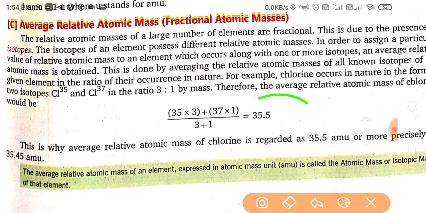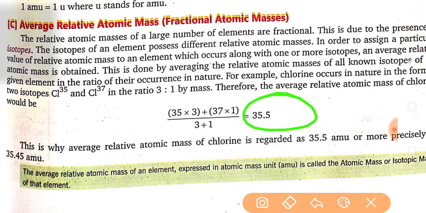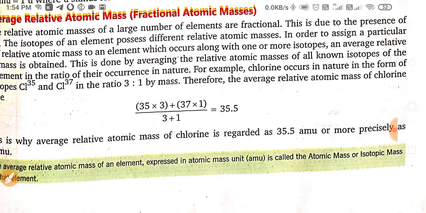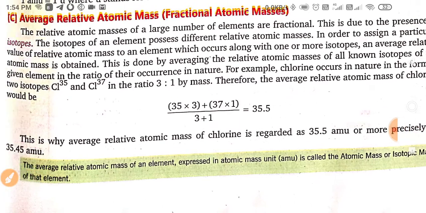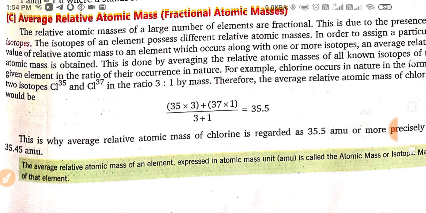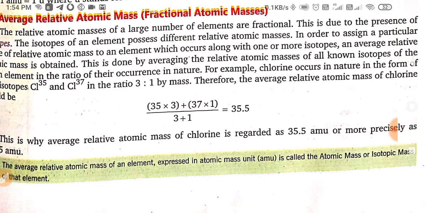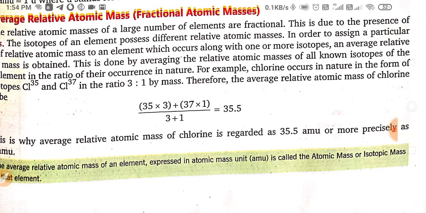So the average atomic mass will become 35.5. This is why the average atomic mass of chlorine is regarded as 35.5 u, or more precisely as 35.45 u. The average relative atomic mass of an element expressed in atomic mass unit is called the atomic mass or isotopic mass of that element.